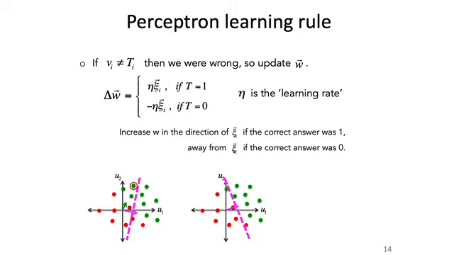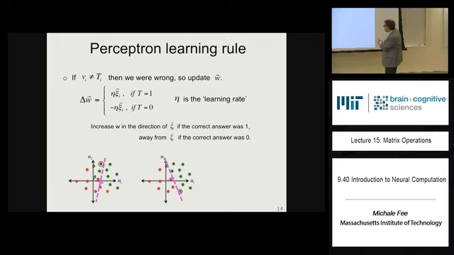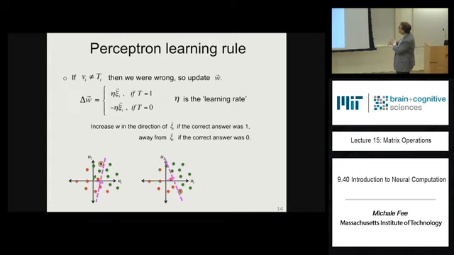Now let's put in another input, say this one right here. This input is also incorrectly classified because the correct answer is a 0. It's a red dot, but the network says it's on the positive side of the decision boundary, so it classifies it as a 1. The network said 1, and the correct answer was 0, so we were wrong. We update W in the opposite direction of the input if the correct answer was 0, which is the case.